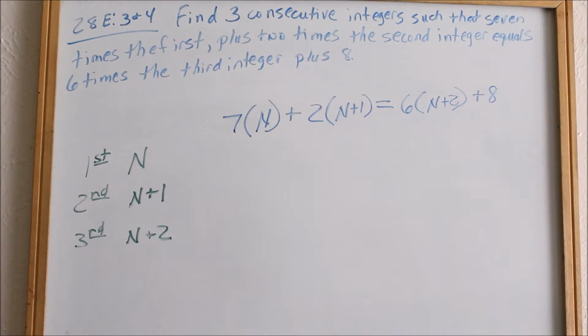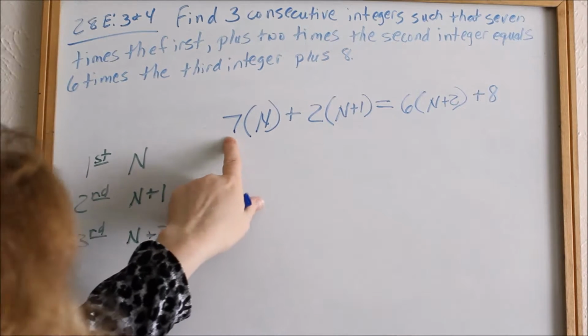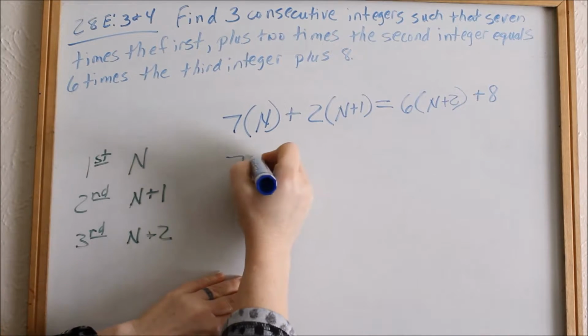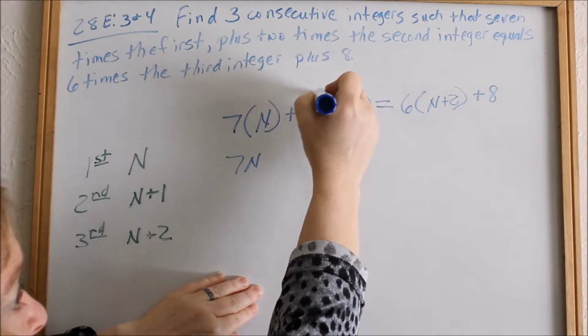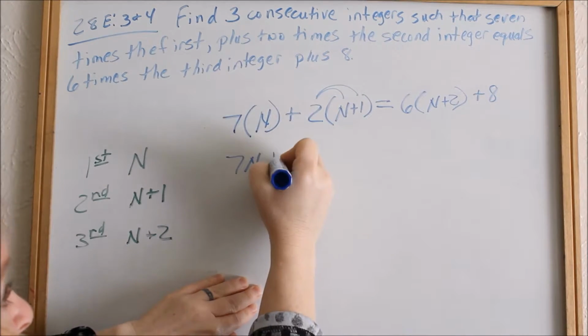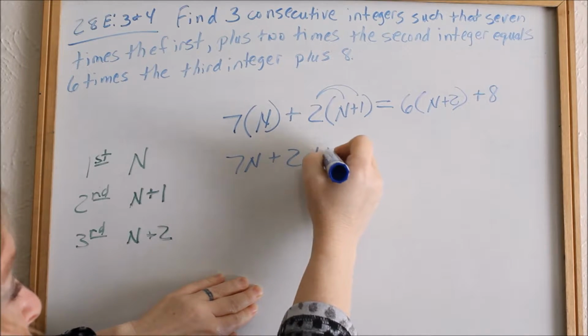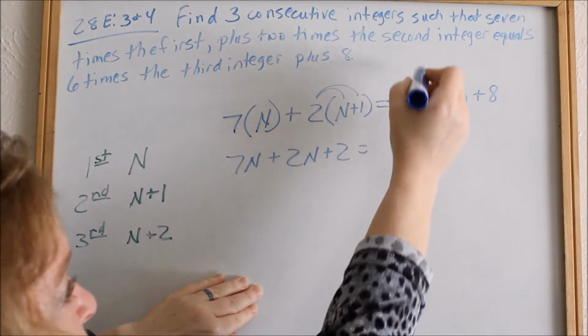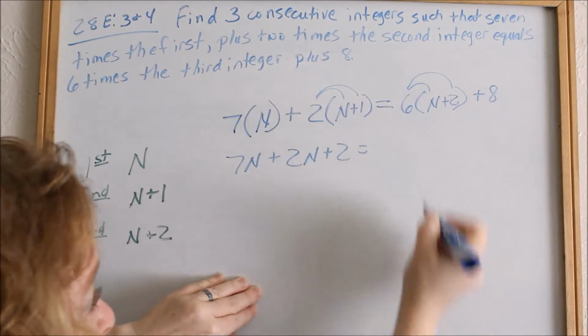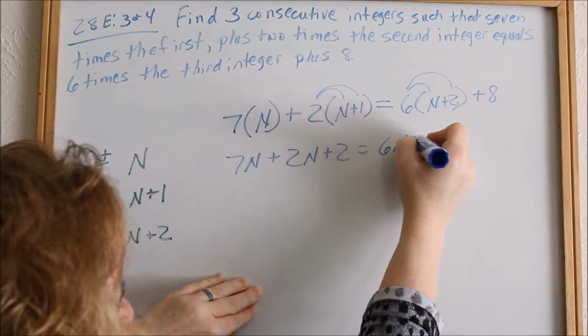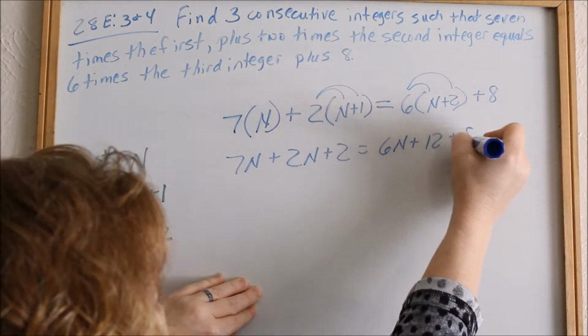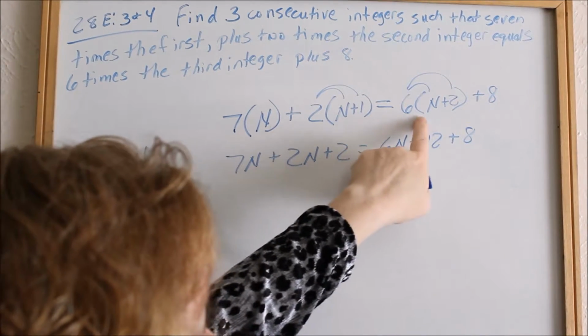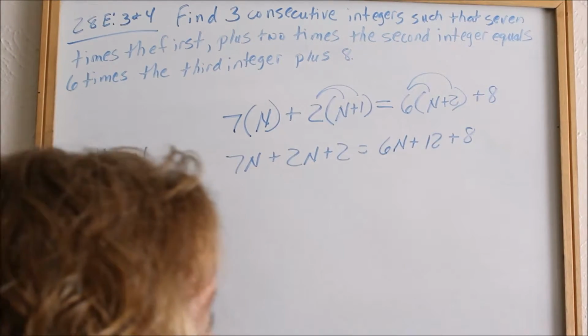Now I only have one unknown and one equation, so I can solve for n. Here, 7n. What do I do with this? Distribute it: 7n plus 2n plus 2 equals, and distribute my 6: 6n plus 12 plus 8. I'm only distributing that 6 to this parentheses, not to this 8.